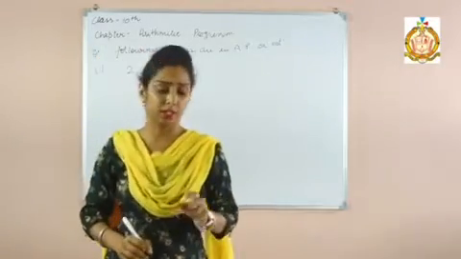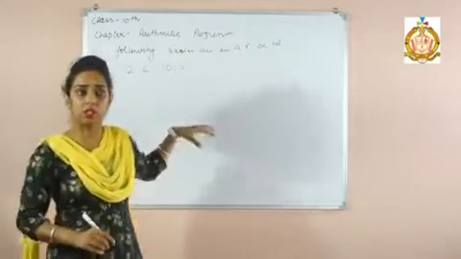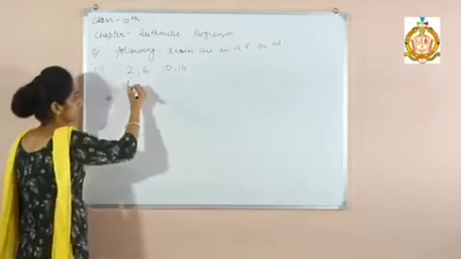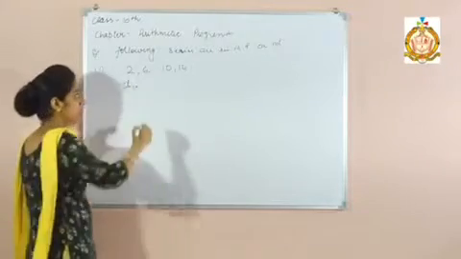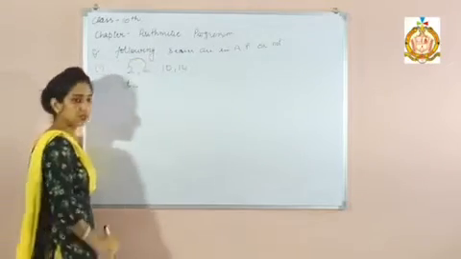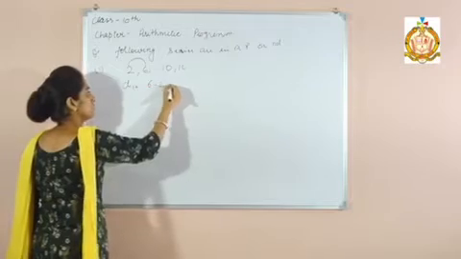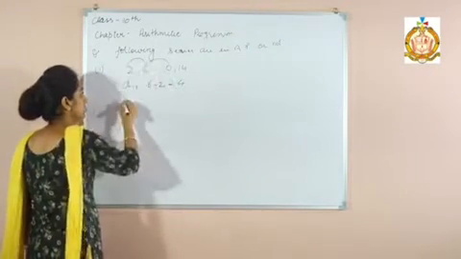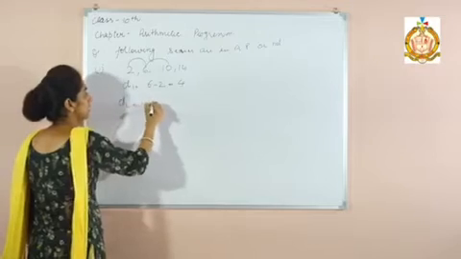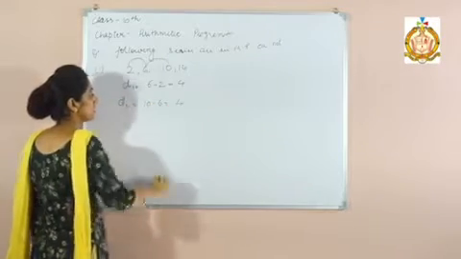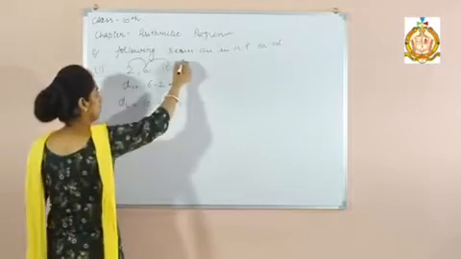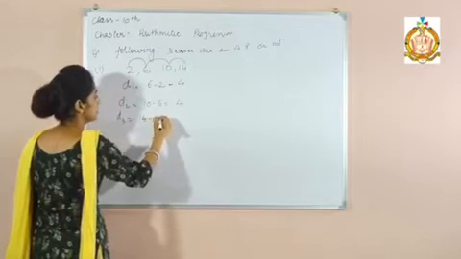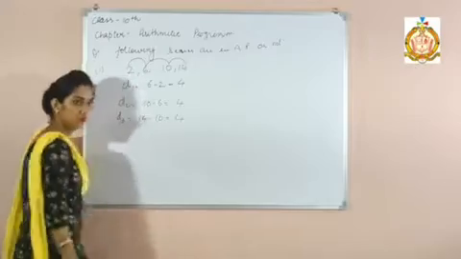How to find whether the sequence is in AP or not? First of all, we have to find the difference d1, that is 6 minus 2, which equals 4. After that, d2 is 10 minus 6, that is again 4. Now d3 is 14 minus 10, which is again 4.